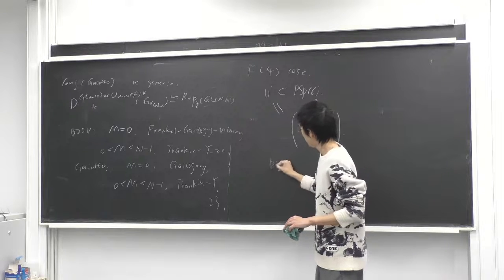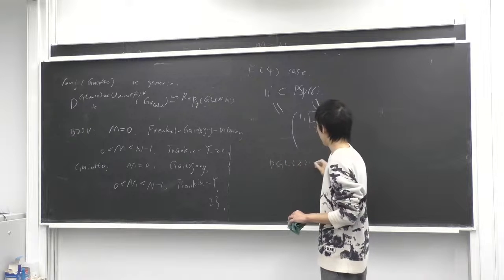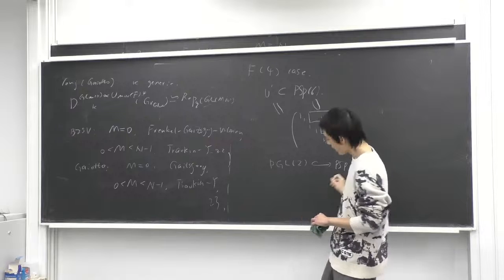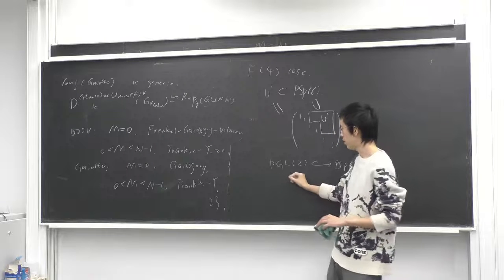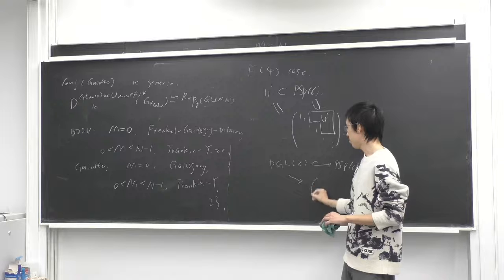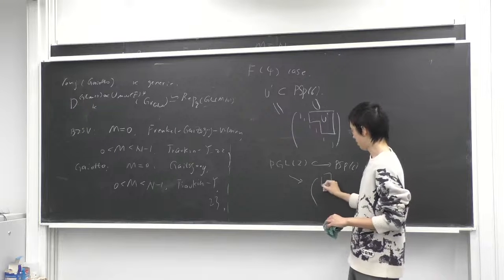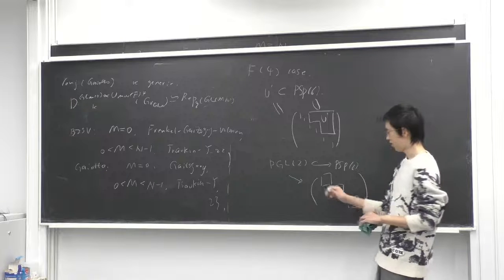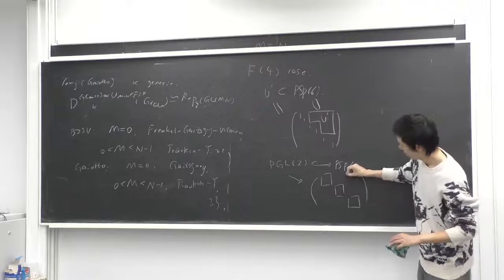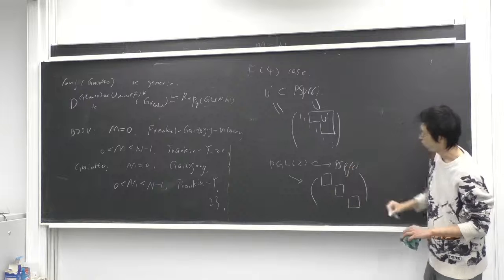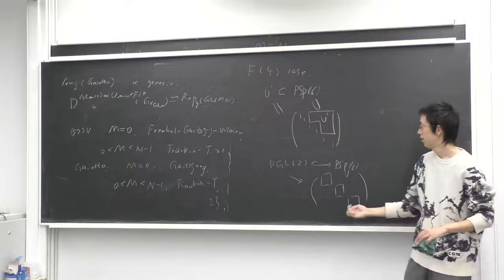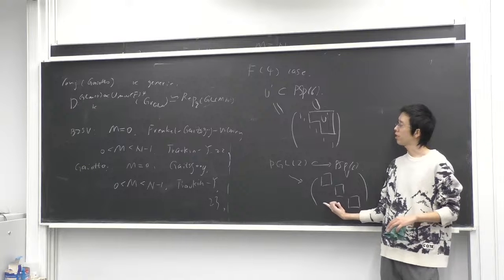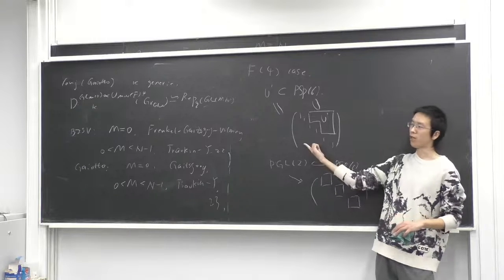And you notice that your PGL2 can embed into PSp6 diagonally. I mean, you can embed your PGL2 as something like 2, 2, 2, three copies, and then you regard it as a subgroup in PSp6. If you regard PGL2 in this way, you have a conjugate action of PGL2 on your U prime.